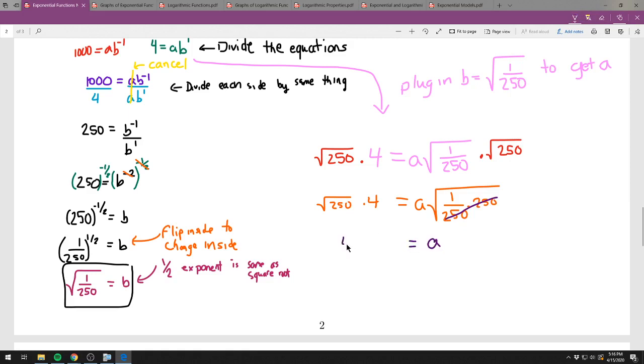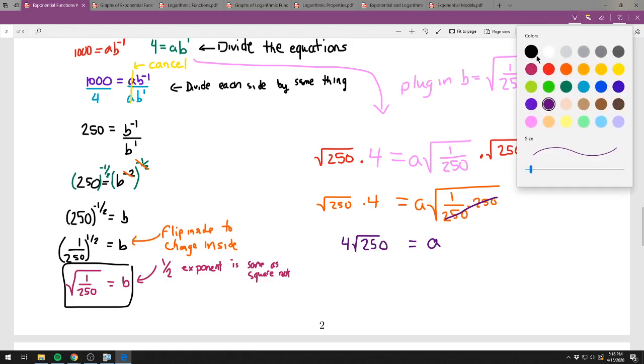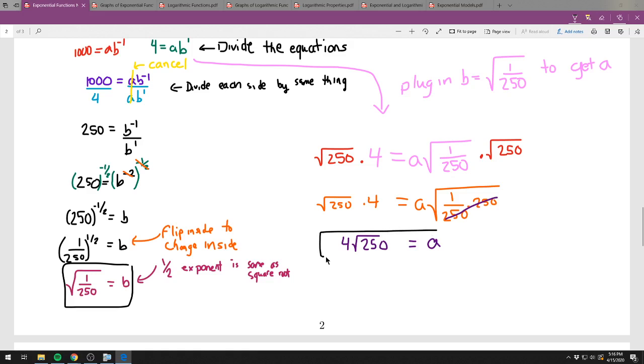And the right side, we got 4 times the square root of 250. Once again, it's fine if you do not simplify this. When square roots don't simplify perfectly, I'm not overly concerned about them. If you want to simplify this, you can realize that 250 is 25 times 10.